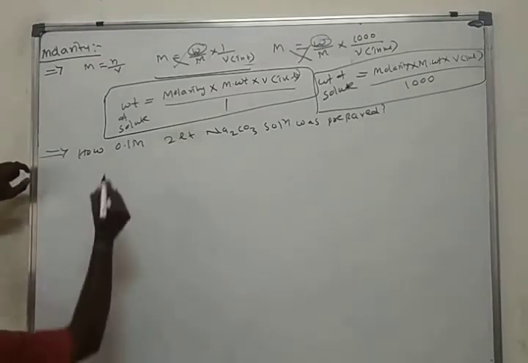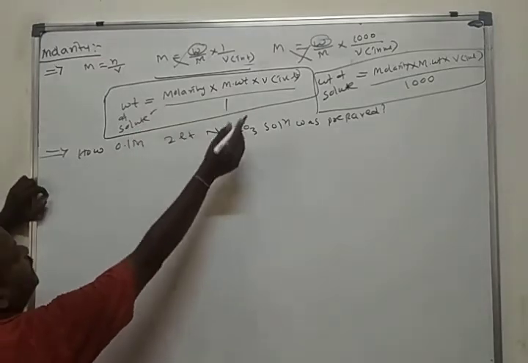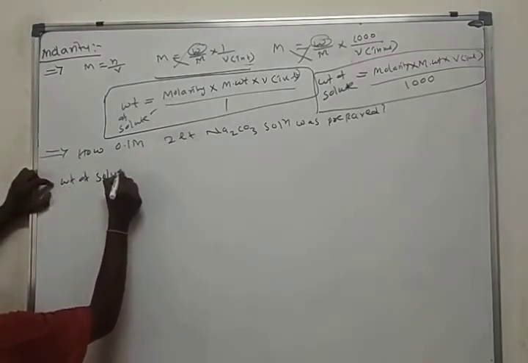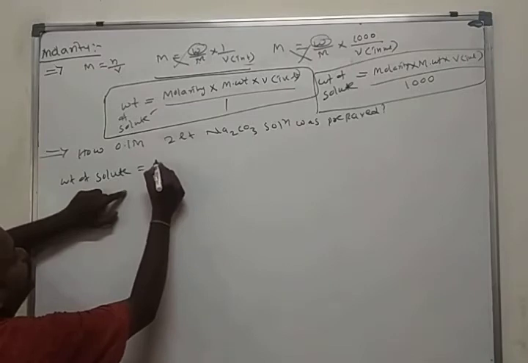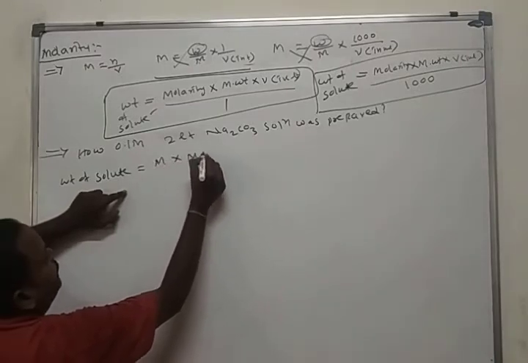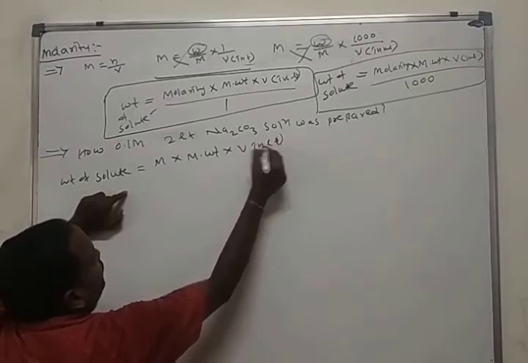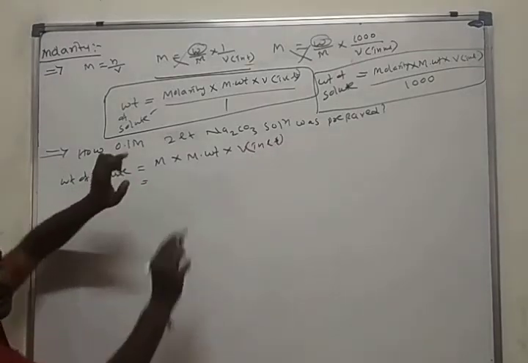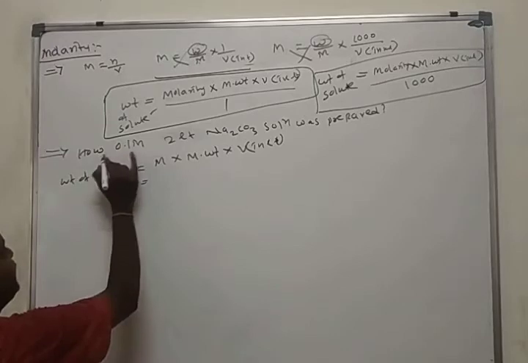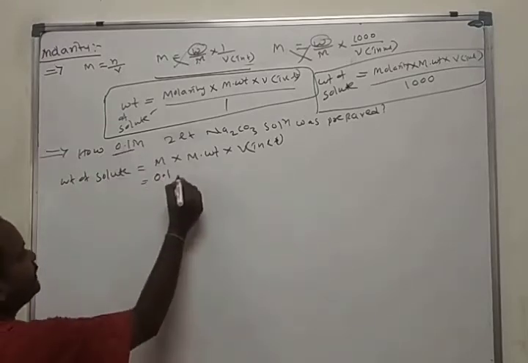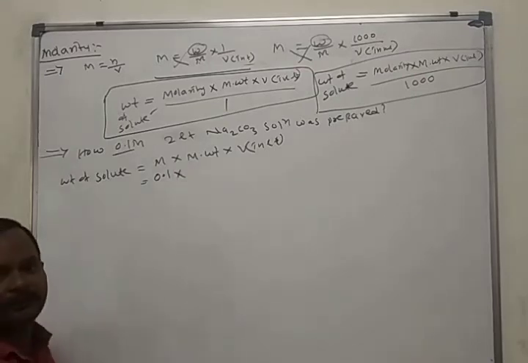Here what is the principle? Data given in liters, use this one. Weight of solute is equal to molarity into molecular weight into V in liters. Molarity is 0.1. What is the molecular weight of sodium carbonate?